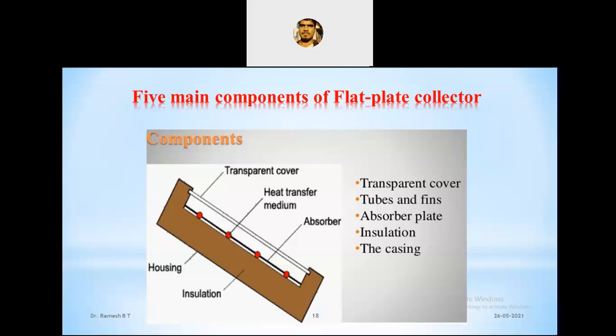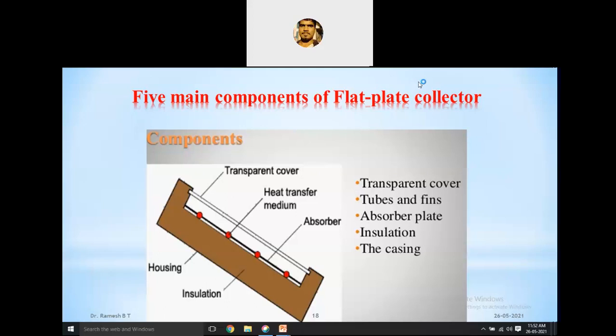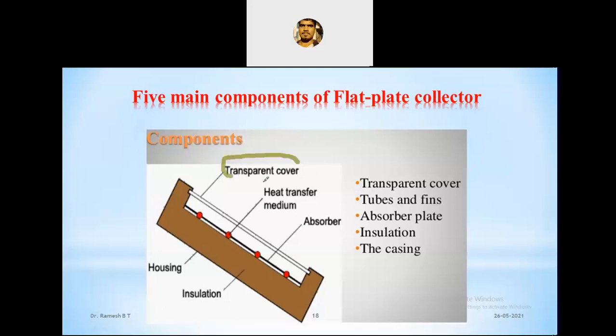Coming to the main components of the flat plate collector, the first thing is the transparent cover. In this figure you can see the transparent cover, first thing. Second is the tube fin.